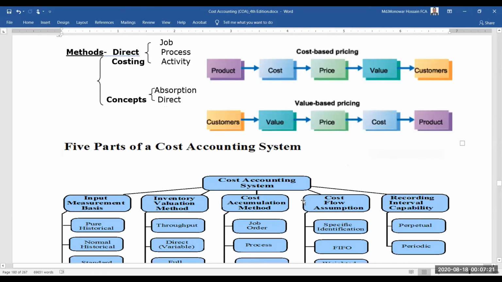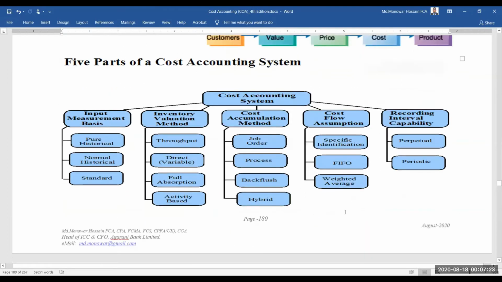So the 5 parts of a cost accounting system are the input measurement basis, inventory valuation method, cost accumulation method, cost flow assumption, and recording interval capacity. For example, the input measurement basis can be pure historical, normal historical, or standard. The inventory valuation method can be full absorption, activity-based, or direct or variable.